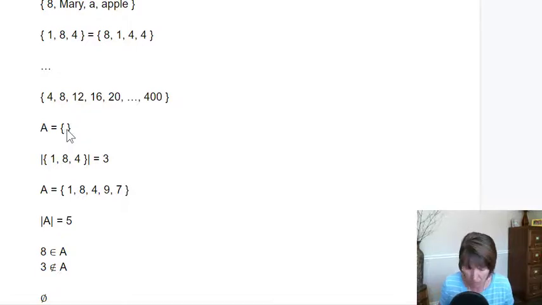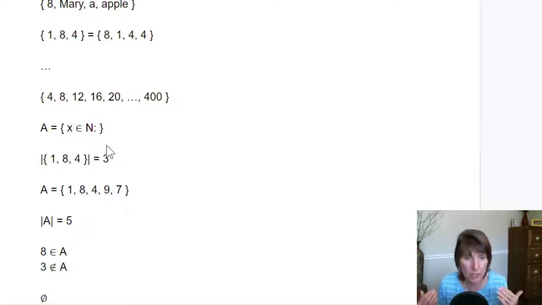But the way we do it, we say that x is an element of the natural numbers, so here we're identifying what group of numbers we're using. Then we say such that. This could be any natural number, but now we describe it in a way that clarifies which one we are talking about.